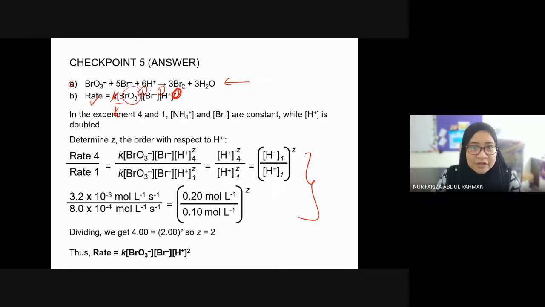Now you have this value and you already determined the order for bromate and bromide, and the rate is also known. Can you find the value using experiments other than 4 and 1? The answer is yes, provided you have determined this one. If you haven't determined it yet, you can't. You have to use this method.